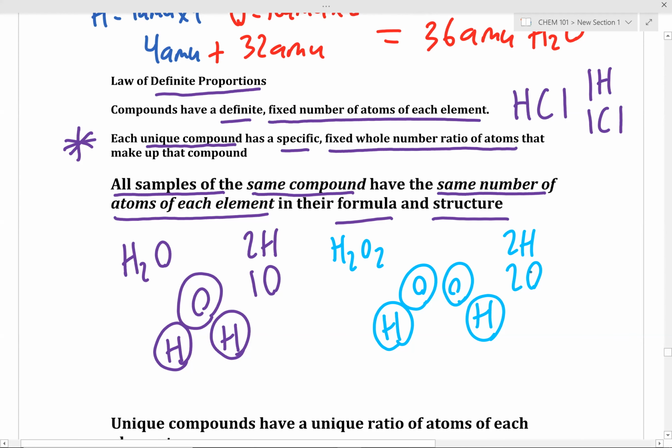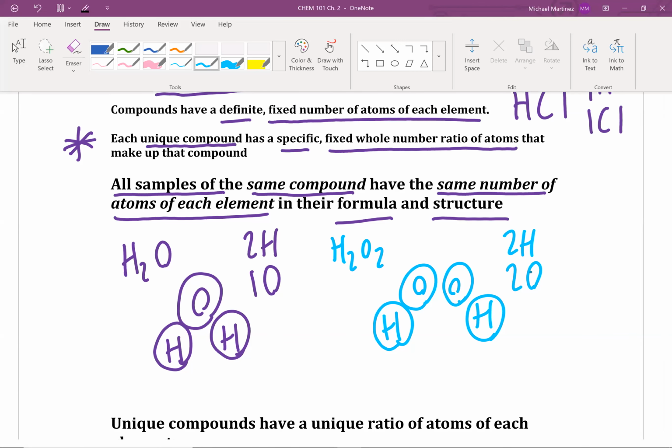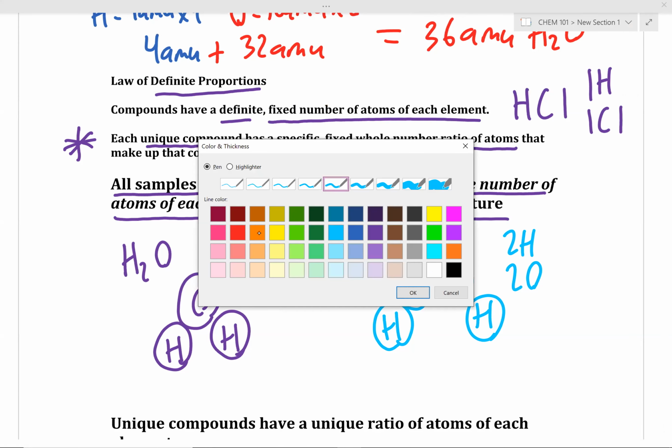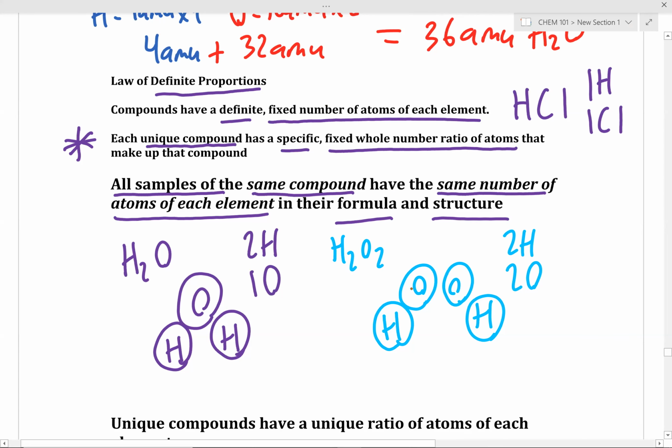Now, and this is a really interesting part of this law. Suppose we're analyzing a mystery compound. Let me rephrase this. It has 2 hydrogen atoms and 1 oxygen atom in its chemical formula.